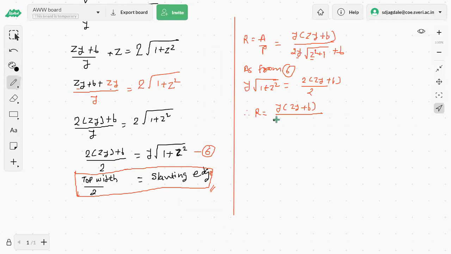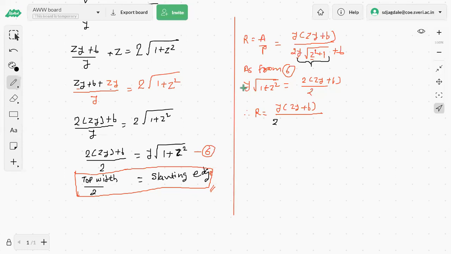The 2 will be as it is. Now this y into root of z square plus 1 term we are replacing by 2zy plus b upon 2, or we'll replace the whole term. If we'll take the 2 to this side, then we'll have only 2 into zy plus b.